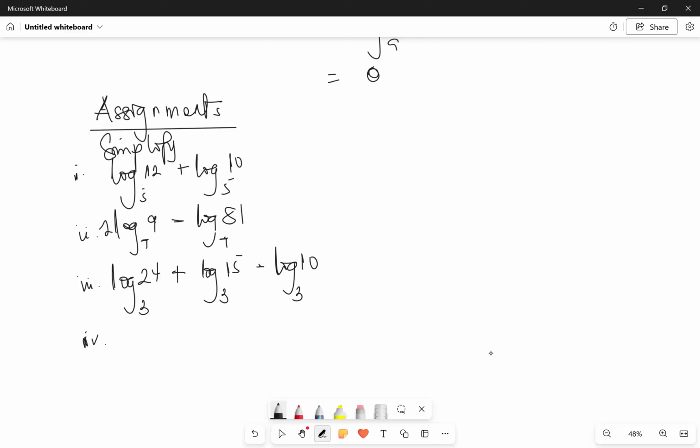IV: log 98 base 7 minus log 30 base 7 plus log 15 base 7.